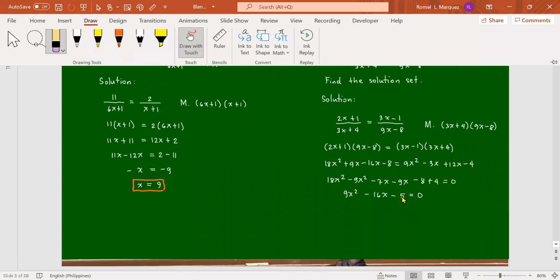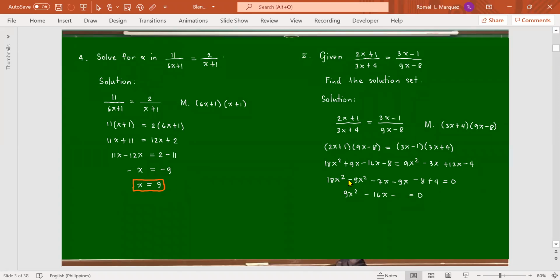And then this is minus 4. Okay, now this is factorable into two binomials. The first binomial is 9x plus 2. The second one is x minus 2. So let's check. 9x squared, negative 18, positive 2, so negative 16, then negative 4.